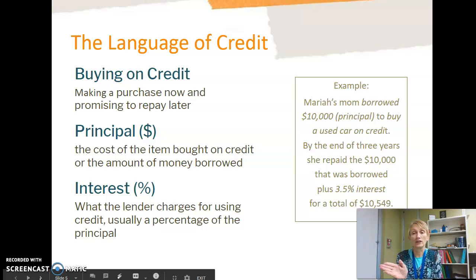That's where the 549 comes from. That's her interest, and then we add it back on to the 10,000. Now, in this case, apparently she's just paying at the end of the 3 years as a lump sum, as opposed to having a car payment, which is a little unusual.